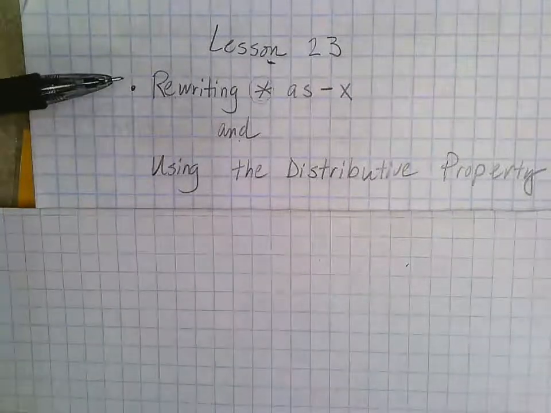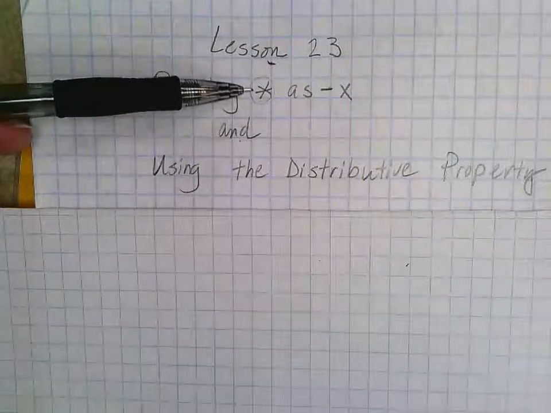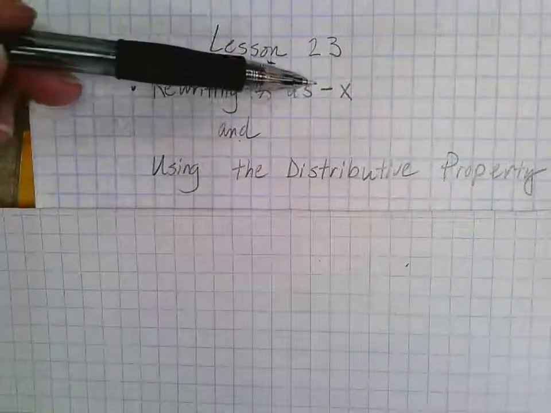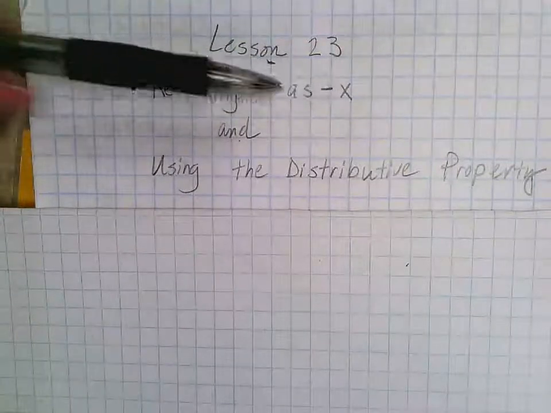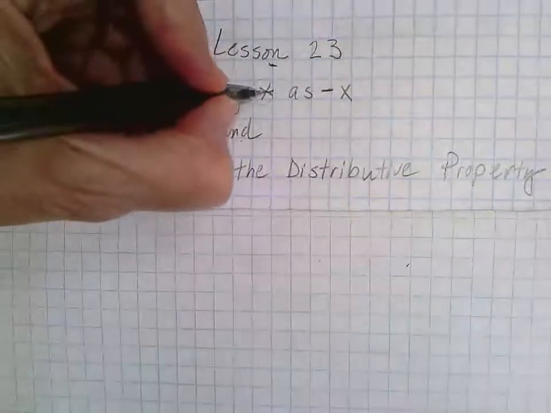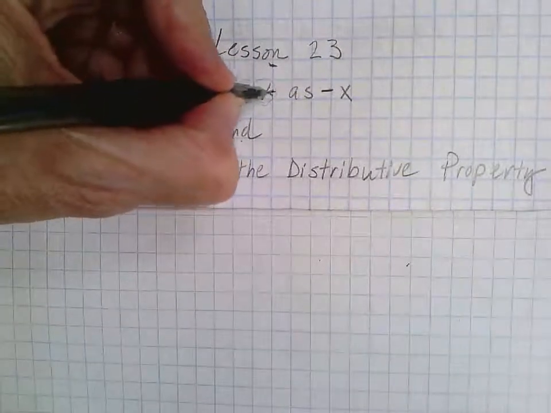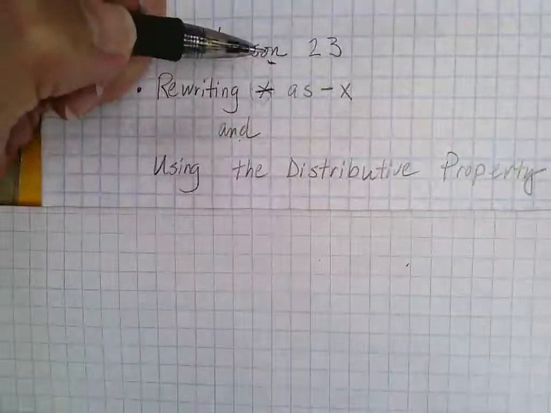So in this lesson, we're going to be rewriting these symbols of stars as negative x's or the opposite of x. All we're doing is we're taking this horizontal line right here and sliding it out to the side like this.